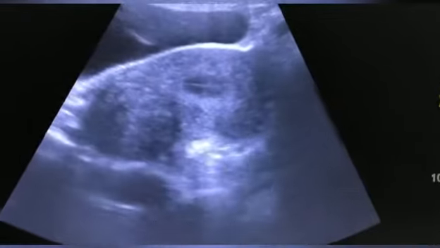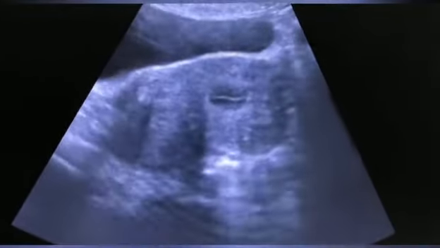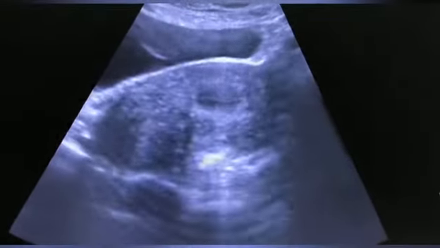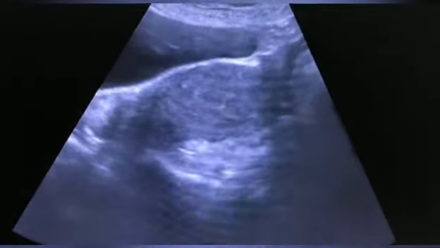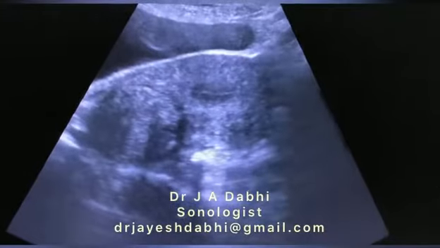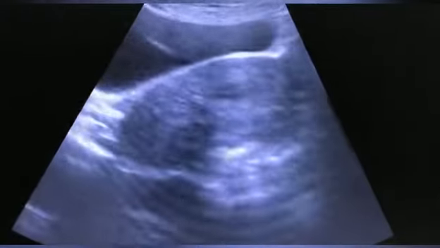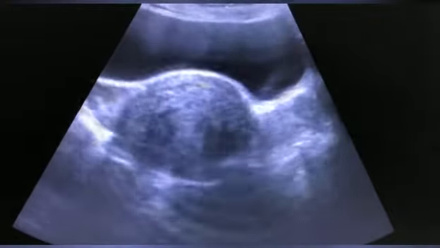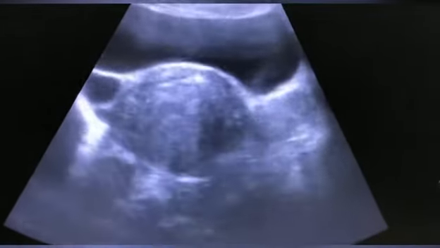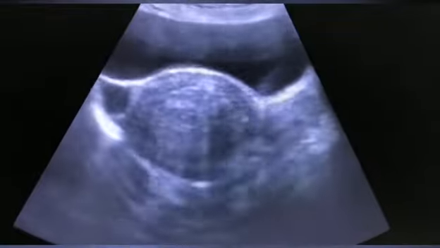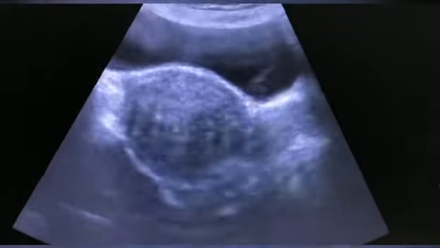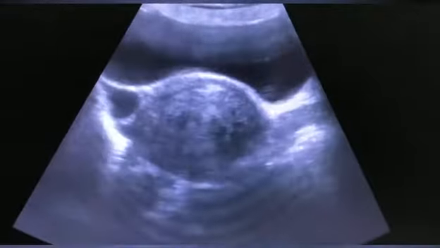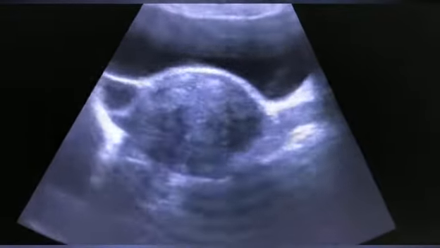Your orientation should be on the uterus, that you take the proper transverse section of the uterus, and then you go on concurrently seeing the fibroid. Most of the people just keep on messing with this fibroid, and they finally reach nowhere in the conclusion. So please don't keep on focusing on the fibroid.